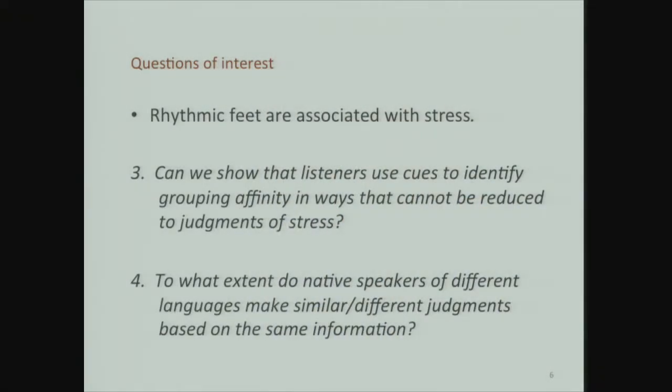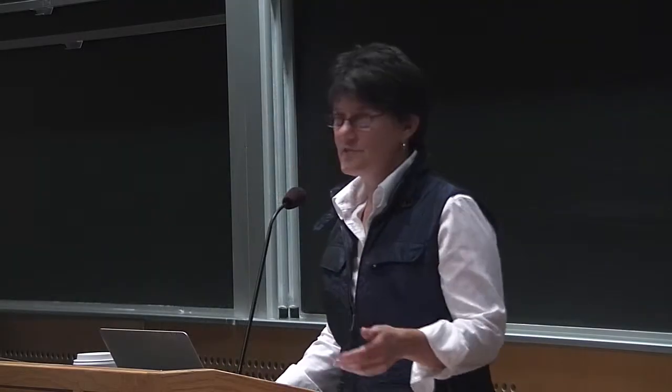Rhythmic feet are oftentimes associated with stress. So a next question would be, can we show that listeners use cues to identify grouping affinities in ways that can't be reduced to judgments of stress? Another question would be, to what extent do native speakers of different languages make similar or different judgments based on the same information?